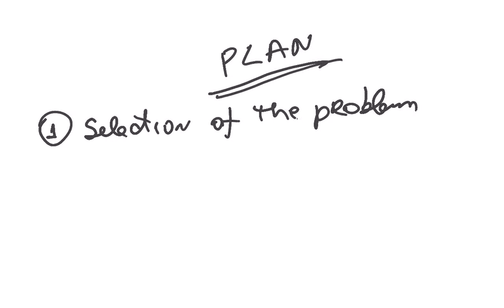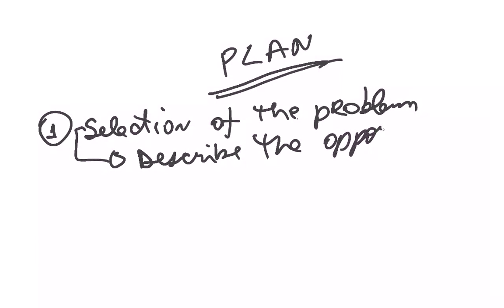Here, the first thing to do within plan is you're going to select the problem or process that will be addressed first, and then describe the improvement opportunity. So you select the problem, and then you're going to describe the opportunity.